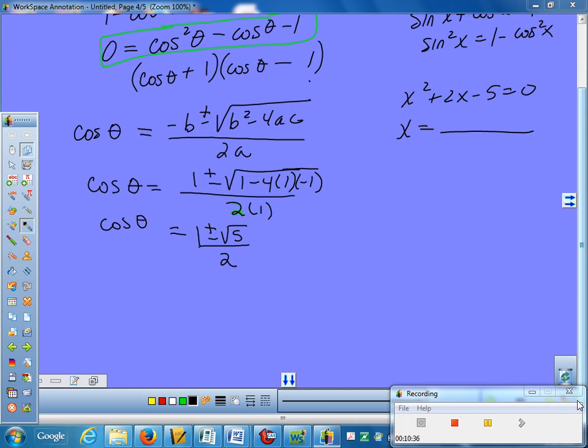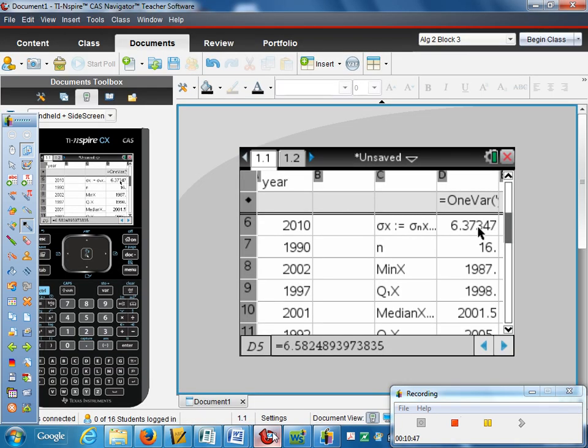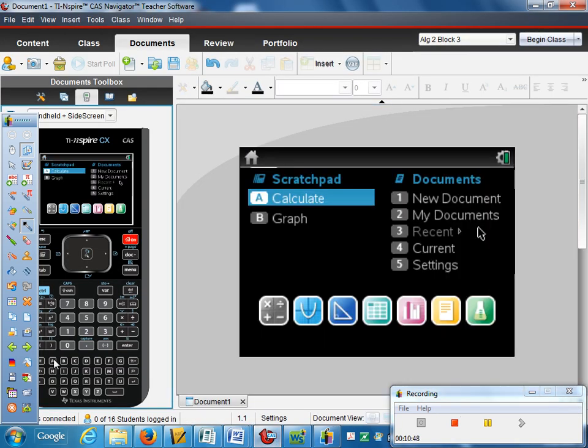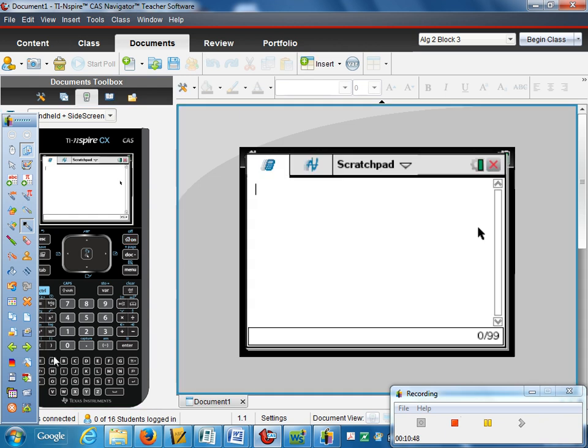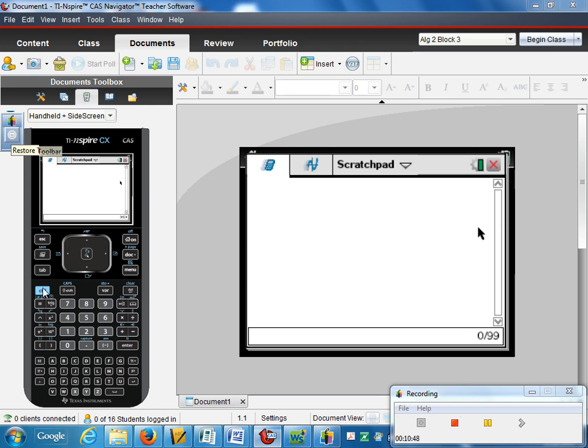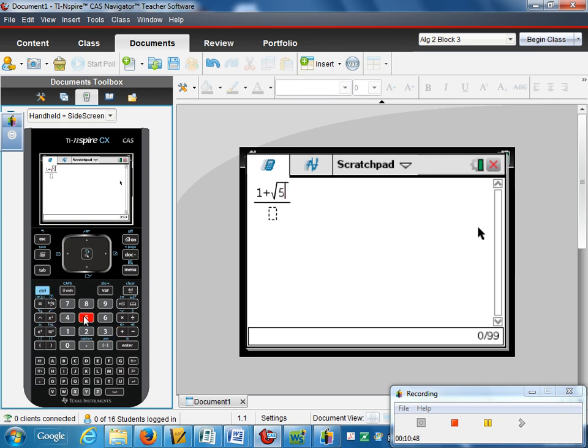So in your calculator, you're going to have to actually do, first of all, that square root. So we're going to have to do the whole quadratic formula thing, which was 1 plus square root of 5 over 2.